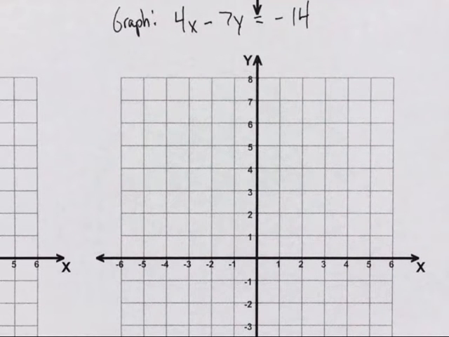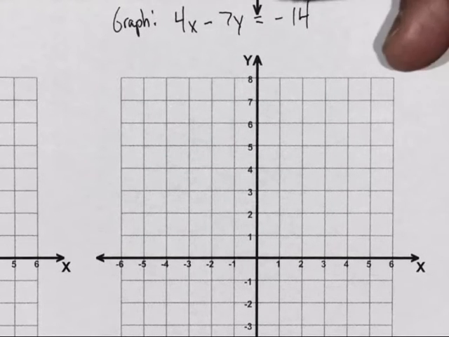Notice this equation's not in slope-intercept form. So if I want to graph it using slope-intercept form, the first thing I've got to do is solve this for y, putting it in slope-intercept form, and we worked on this in the last section.